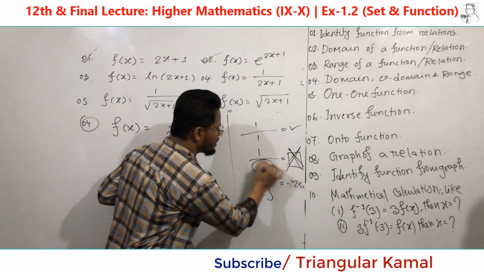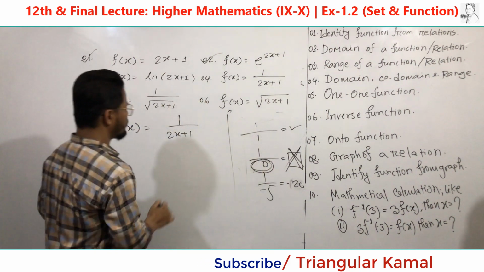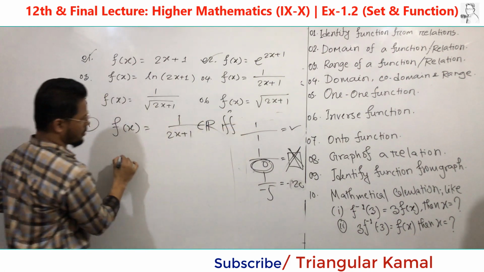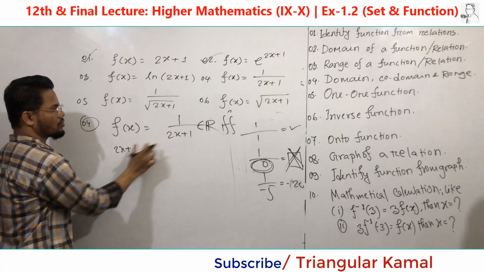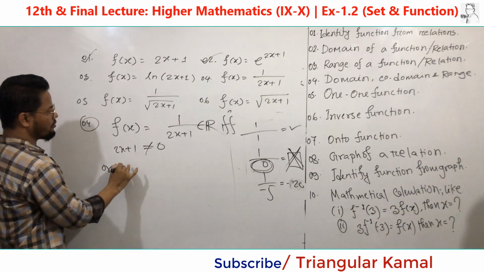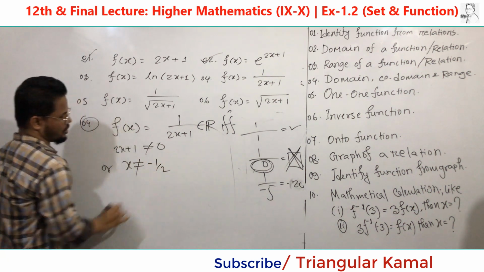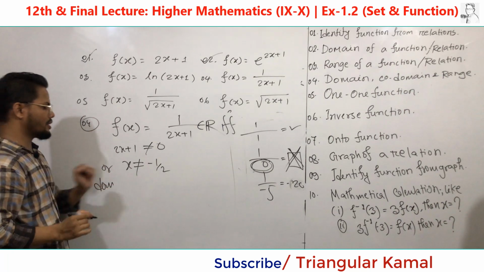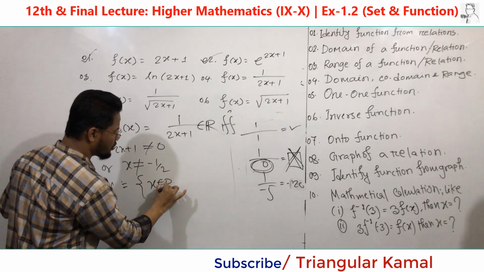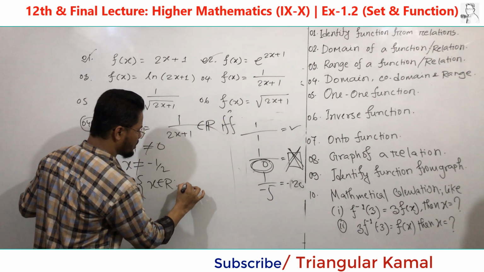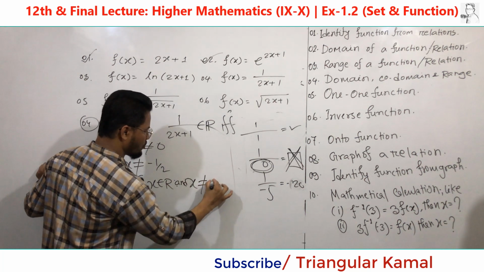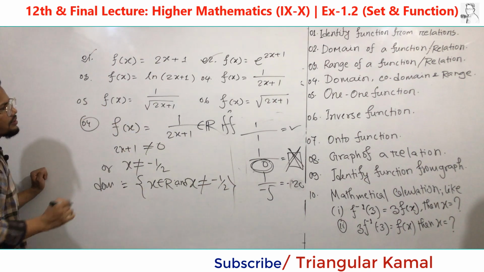So the denominator in times of fractions can never be 0. So the domain will be, if and only if twice x plus 1, which is the denominator here, is not equal to 0. So we can write x not equal to minus 1 by 2. So the domain is all numbers except minus half. So the domain will be x belongs to R, real numbers, and x not equal to minus 1 by 2, and this is the domain.